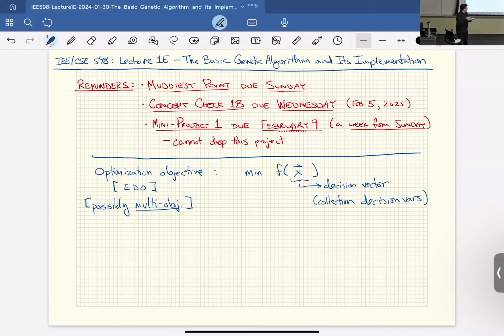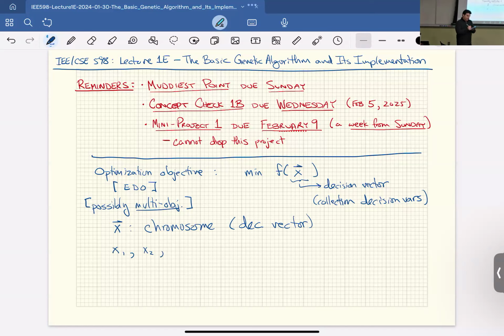And so as we've talked about here, we're going to call the decision vector a chromosome. So that's the decision vector. And each component of the decision vector, we're going to call genes.